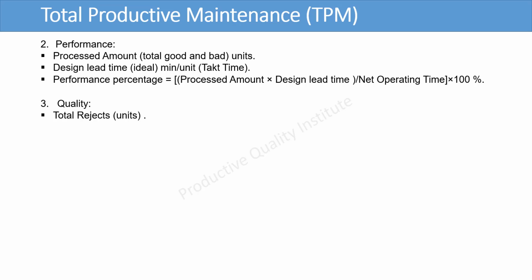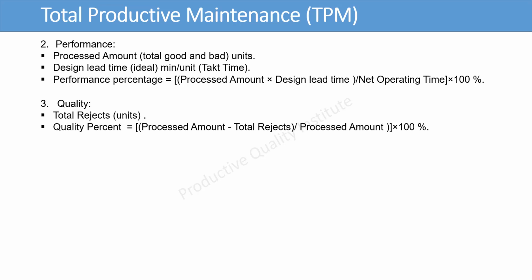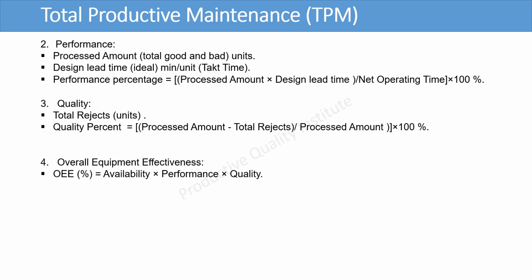Third, quality. Total rejects, in units. Quality percent is equal to processed amount minus total rejects divided by processed amount times 100. Fourth, overall equipment effectiveness, OEE percent, is equal to the availability times performance times quality.